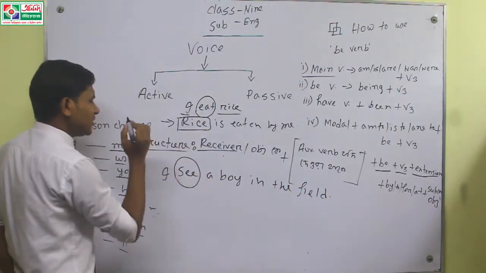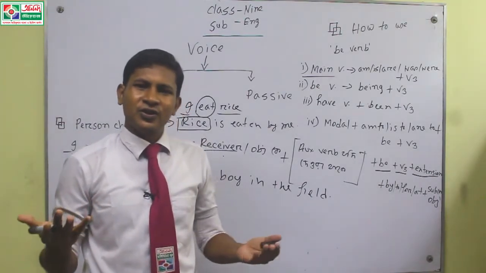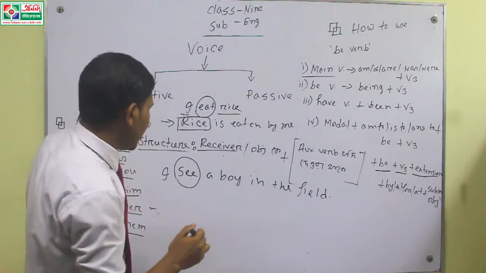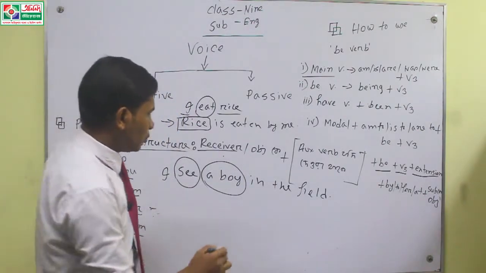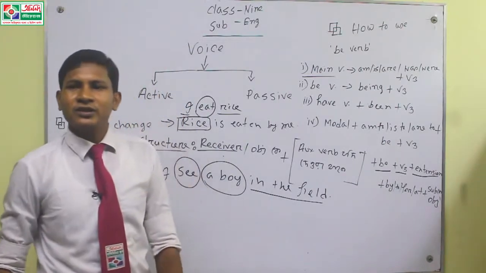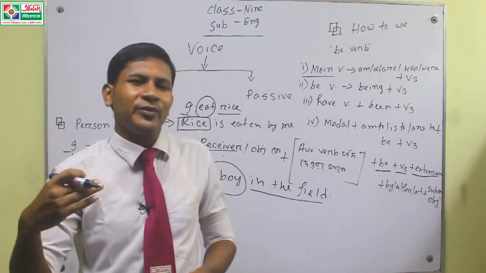If you question see, what do I see? We answer here a boy. Then we don't find the answer in the field. But we question the verb, where do I see a boy?